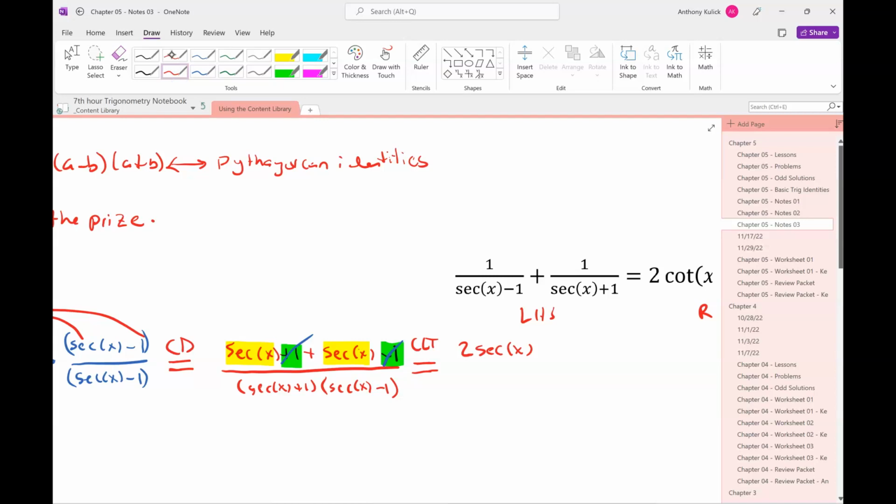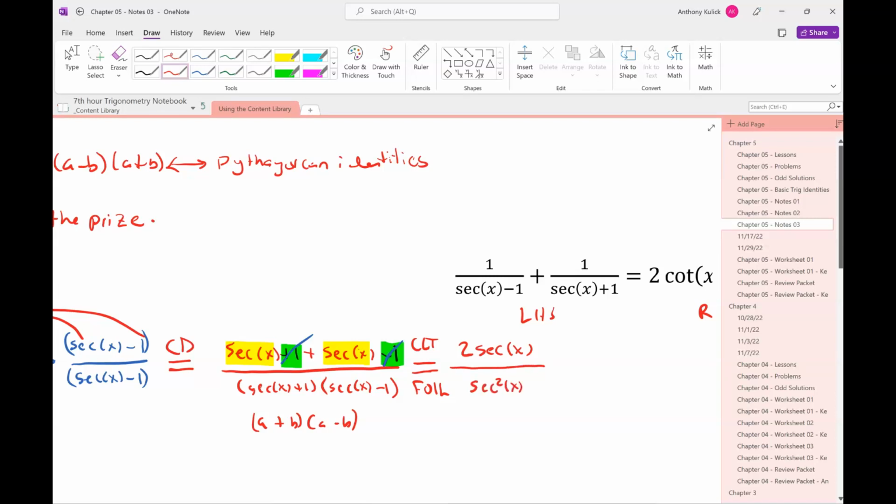Look at the denominator. What could you do with that? No, they're not being added. They're being multiplied. That's a FOIL problem, isn't it? Now, when I FOIL that out, notice that this is like a plus b times a minus b, right? So, do I really need to go through all the trouble of FOILing?